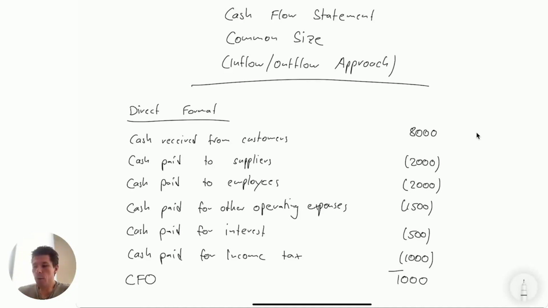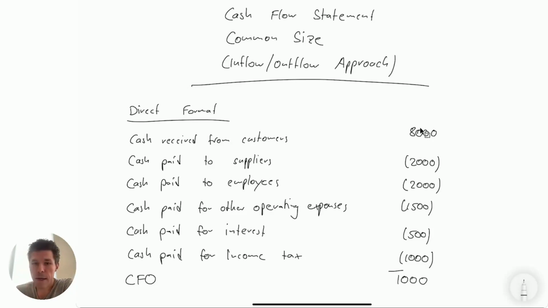In this video, we are going to discuss the common size approach for cash flow statements, in particular the inflow and outflow approach. What does it mean? Common size is a good way to analyze different cash flow statements over periods of time or to compare cash flow statements of different companies with each other.